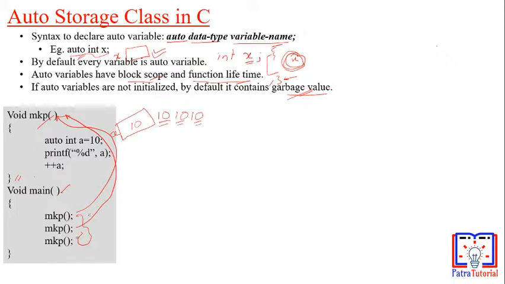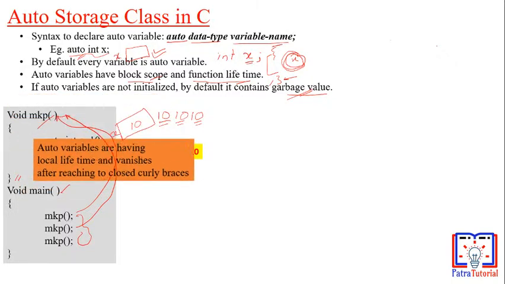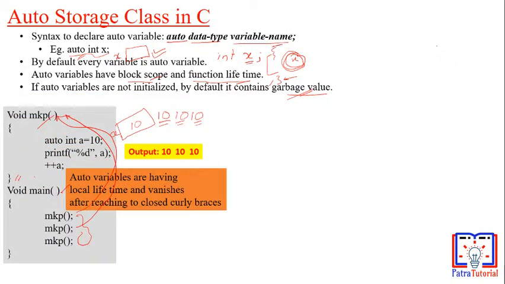No matter how many times I call this function, it will print 10 10 10 only. So the output is 10 10 and 10. This is a very important point to note down: auto variables have local lifetime and vanish after reaching the closing curly braces.